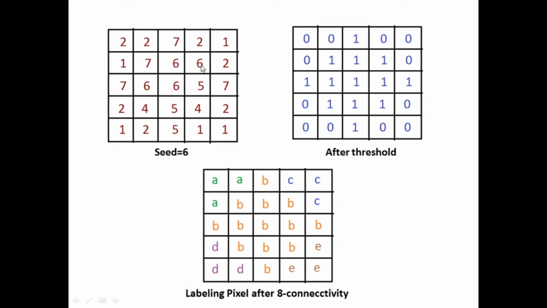This seed point is connected with its surrounding pixels by using the 8 connectivity neighborhood. So apply the same concept here: 6 minus 2, is it less than 3? No, 4 is not less than 3. That means this pixel is not ready to grow a region with this pixel. So this 2 is in some other region and this 6 is in some other region.